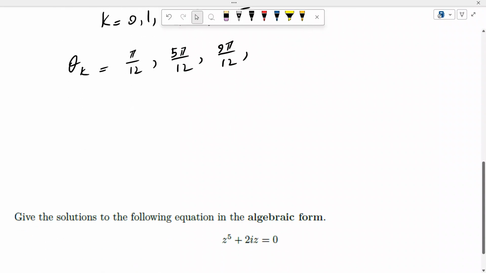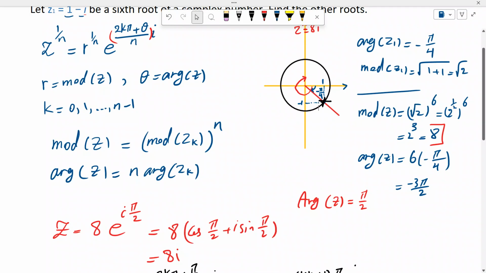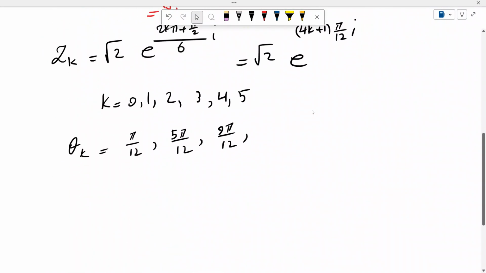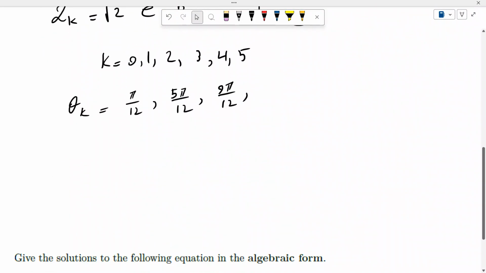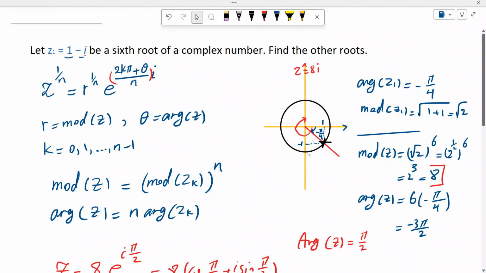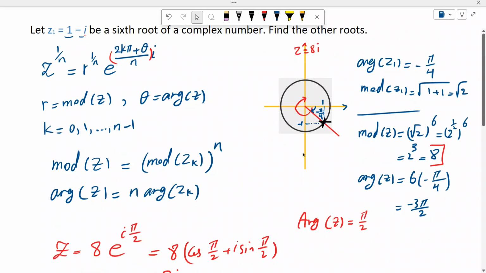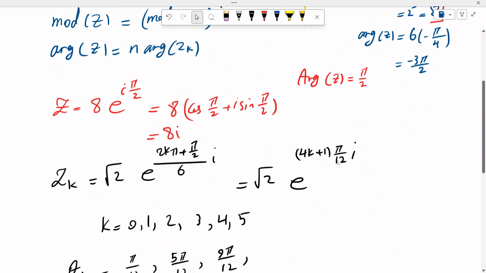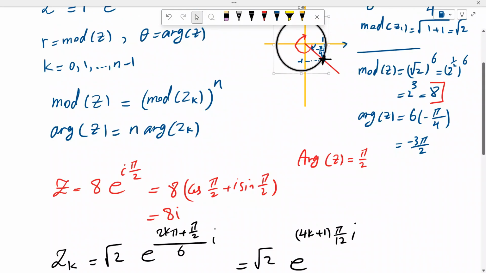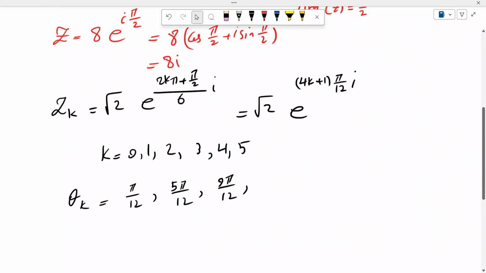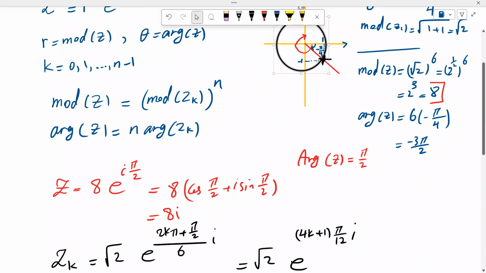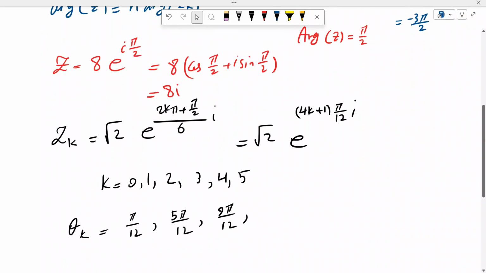So in this case, I draw the same circle again. If I want to show all the roots, I paste it and make it a little bit larger.